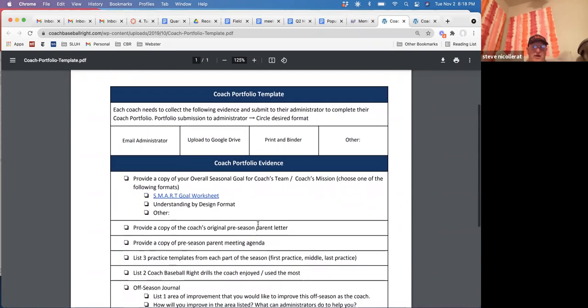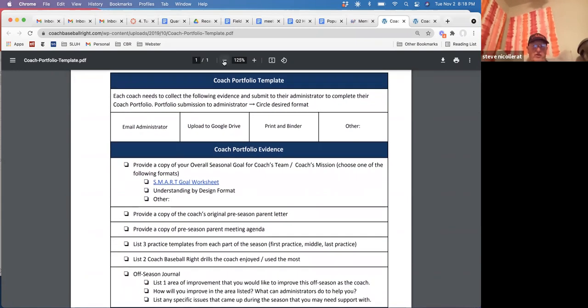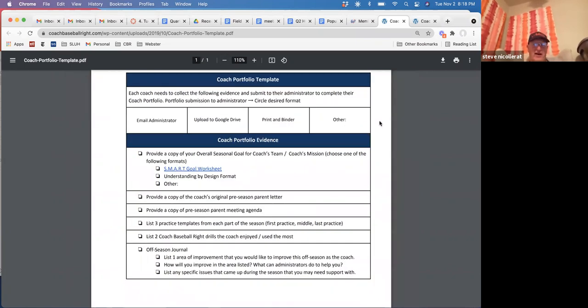Absolutely. So you can see here, provide a copy of your overall seasonal goal. What is the coach trying to accomplish this year with the kids? Tommy's going to talk just a little bit when I'm done here on the SMART goal worksheets.